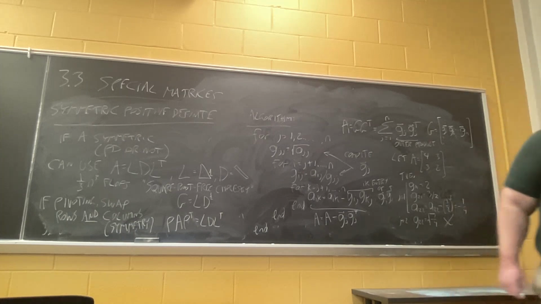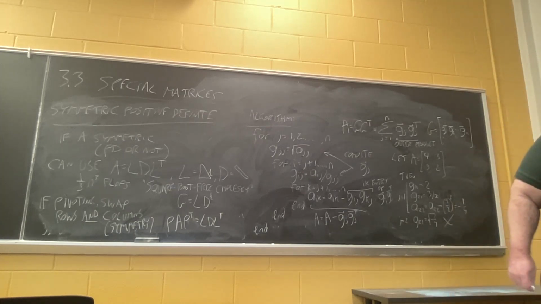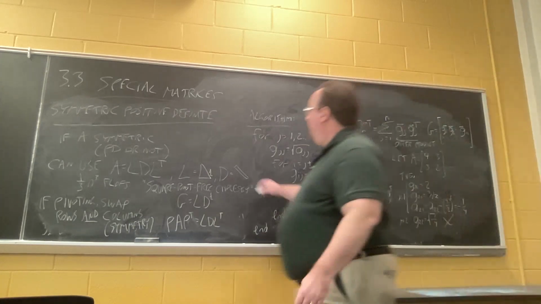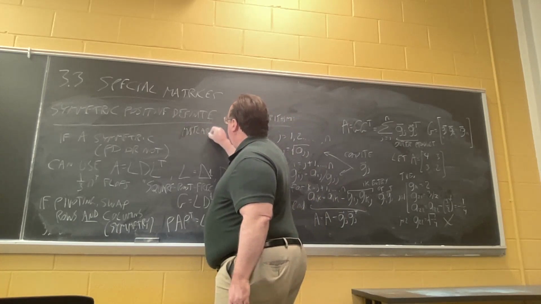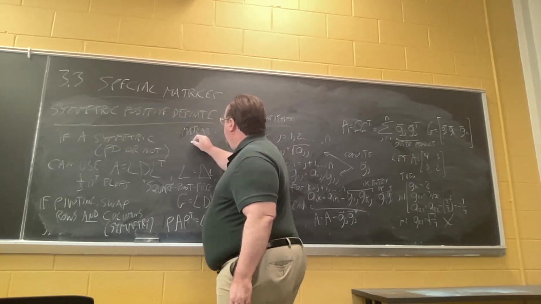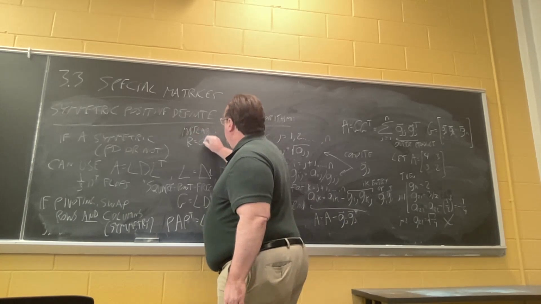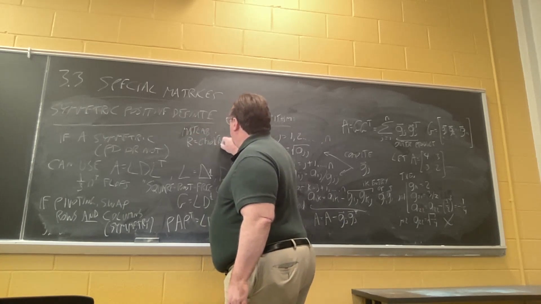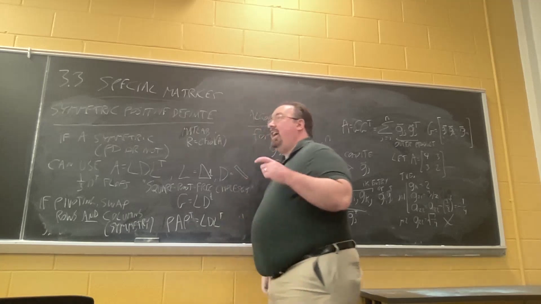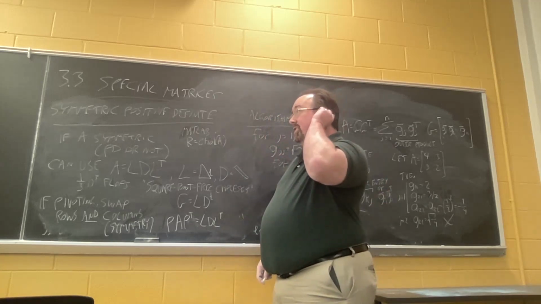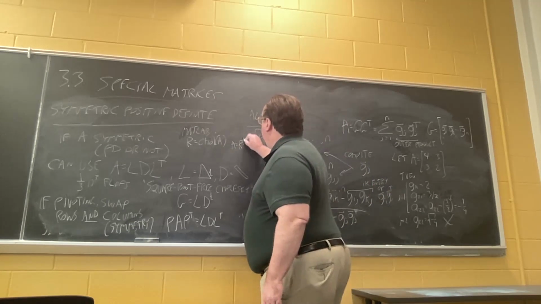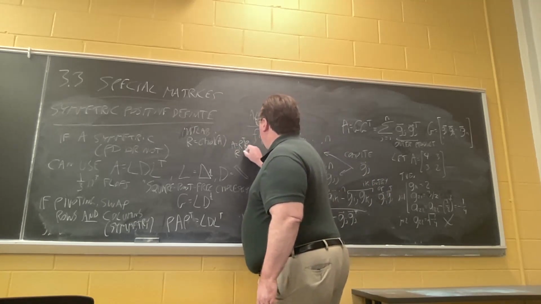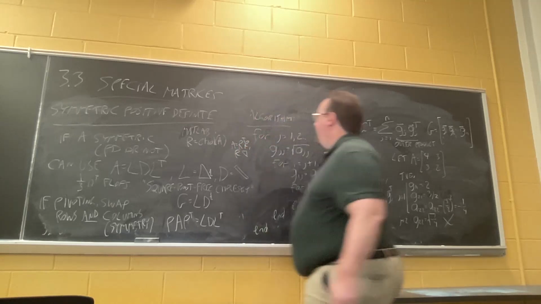Okay. Last thing I'll say, there are MATLAB functions for these. There's chol for Cholesky factorization, but that uses a different convention than what I showed here: A is equal to R transpose R, where R is upper triangular.